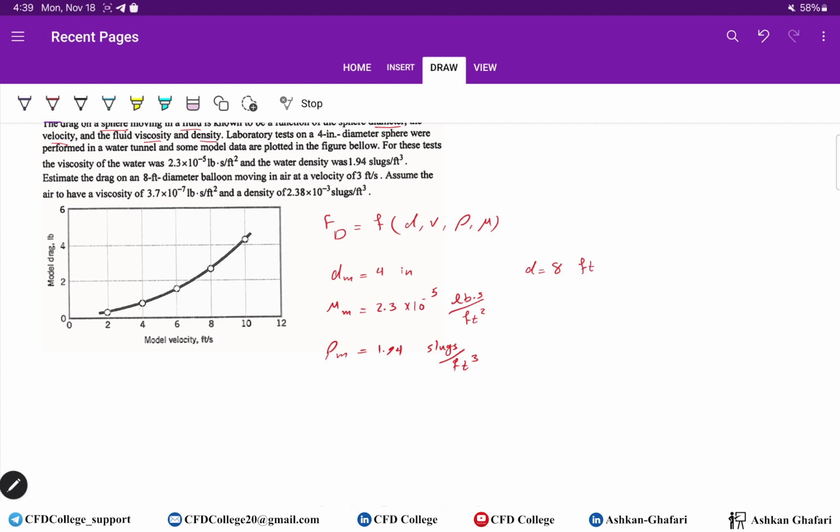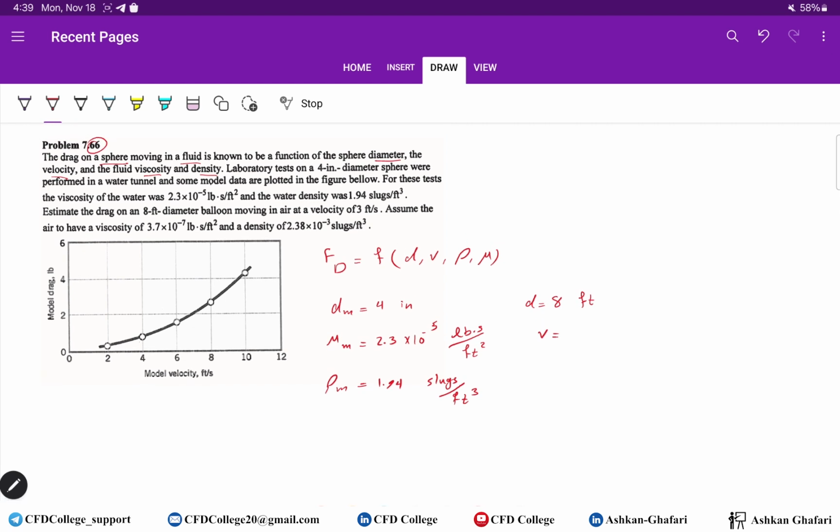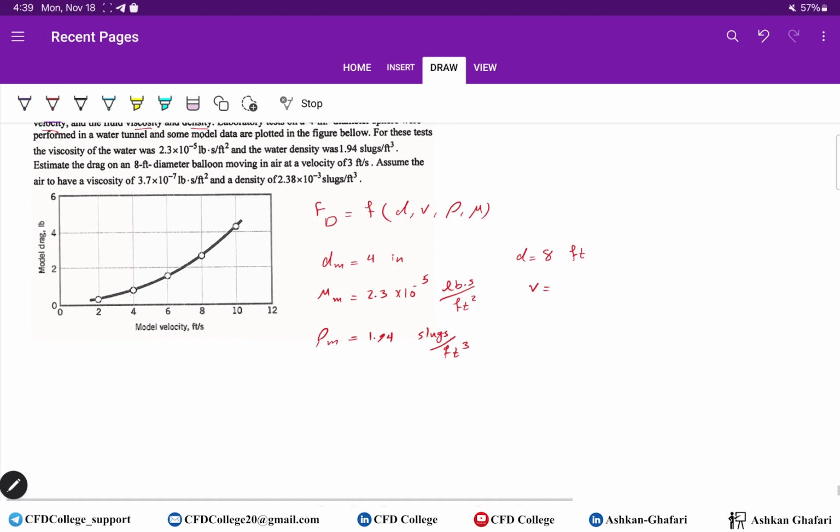moving in air at velocity of, sorry, here sphere moving, here I said the velocity of the fluid, it's the velocity of the sphere. Sorry for that. So velocity is 3 feet per second.